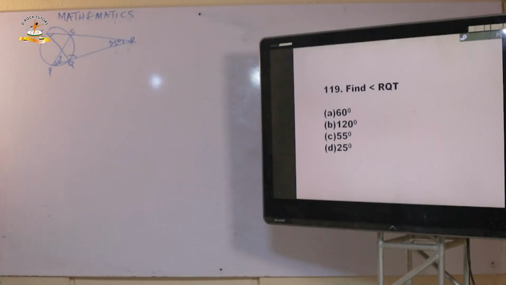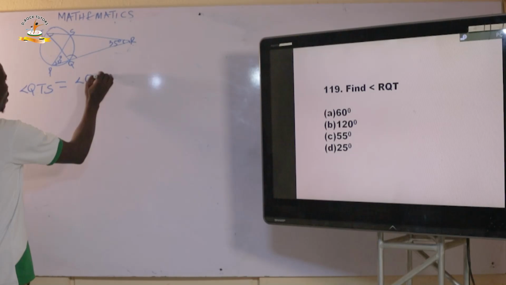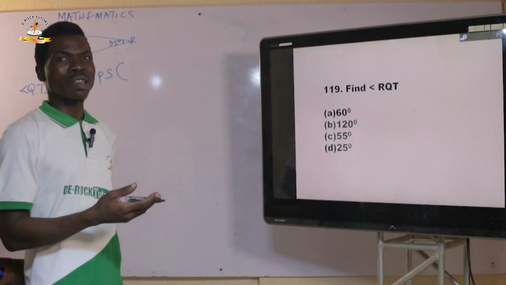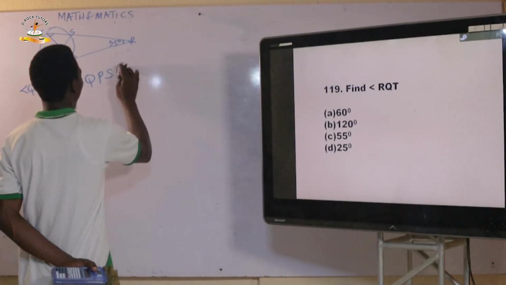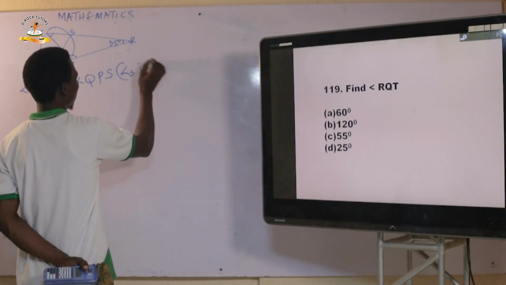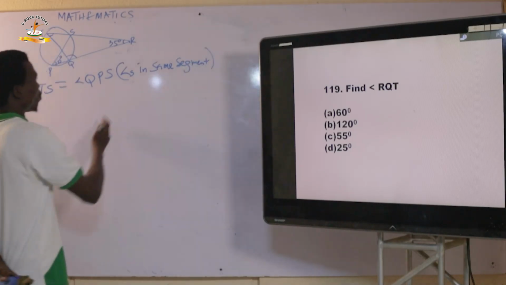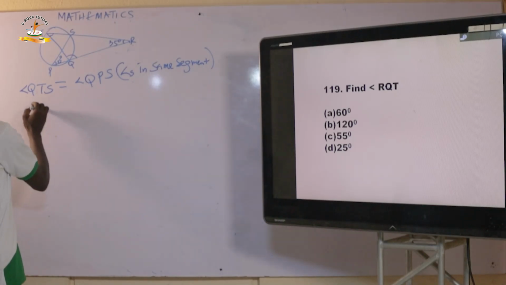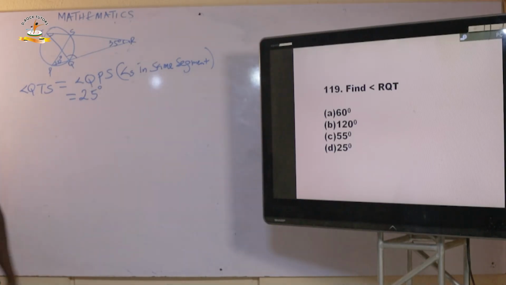Angle QTS is the same as angle QPS, because of the alternate segment theorem, or angle in the same segment. Angles in the same segment are always equal. So QTS is 25 degrees. That's the first thing.